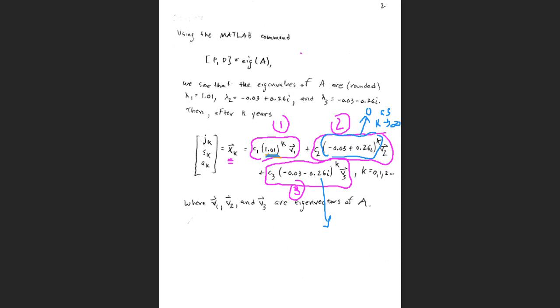That's going to approach 0 as k goes to infinity. They're less than 1, 0.03, 0.26. So eventually, if you keep multiplying, you're going to get 0. So only the first term here is relevant to determine the evolution of this owl population.